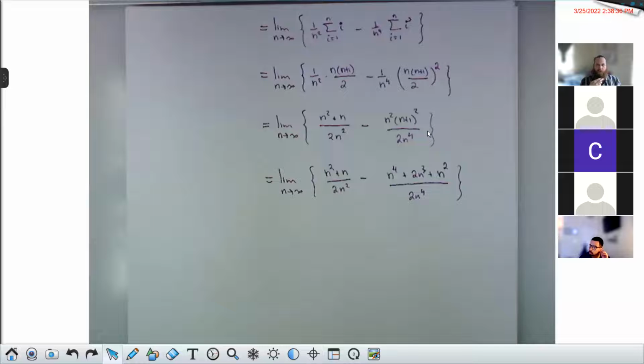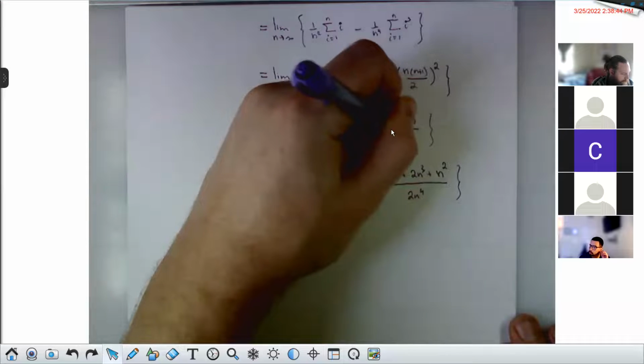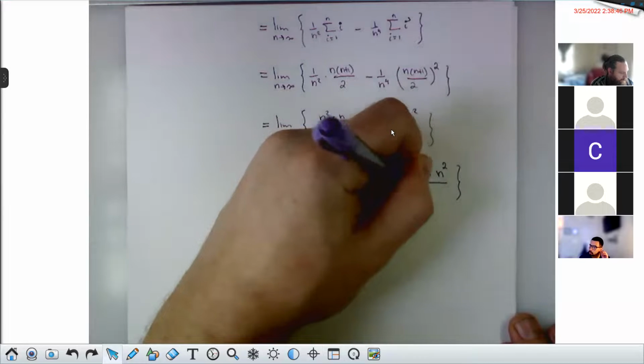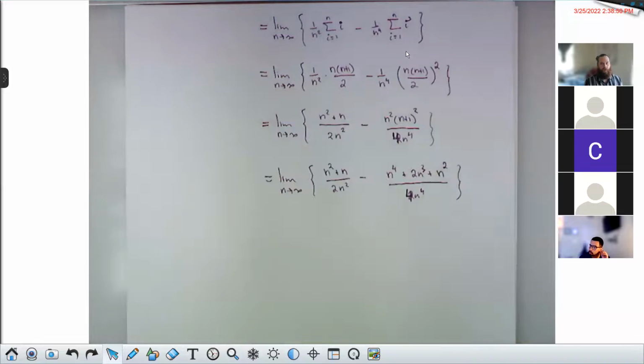Oh, did I miss something here? Oh, sorry, this 2 squared is a 4. Yeah, this should be a 4. Okay, definitely fix that. n times n plus 1 all over 2, all squared, is n squared times n plus 1 squared over 2 squared, which is 4.